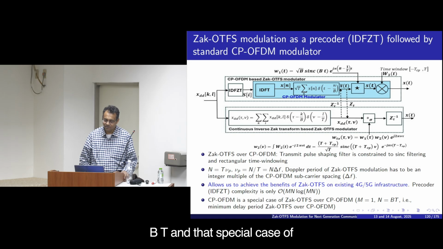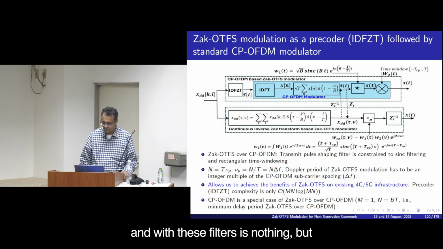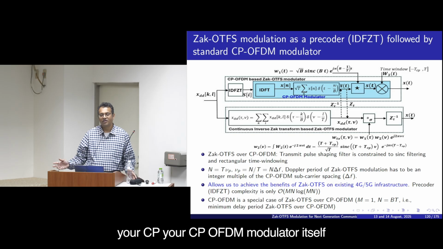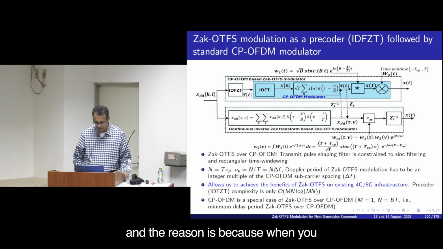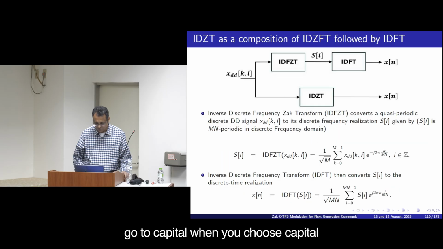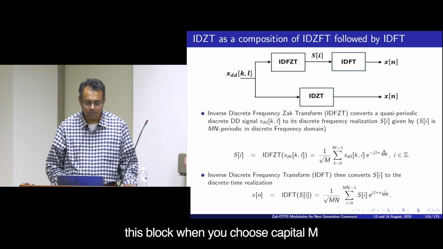And that special case of Zak-OTFS with this M and N and with these filters is nothing but your CP-OFDM modulator itself. And the reason is that when you choose capital M equal to 1, what happens to this block?